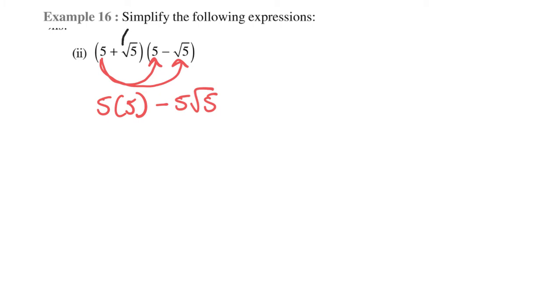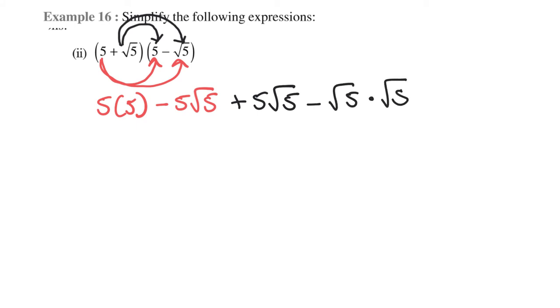So plus square root 5 times 5 is plus 5 root 5. Plus square root 5 times minus square root 5. Plus times minus is minus square root 5 times square root 5.